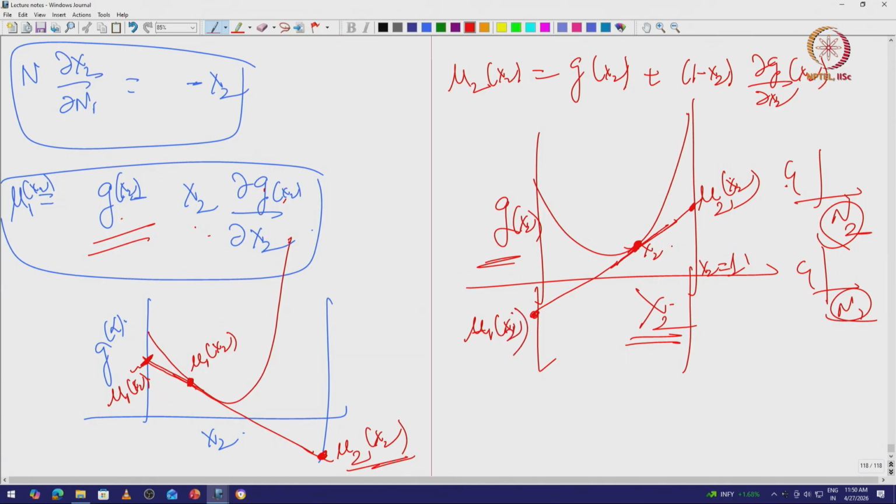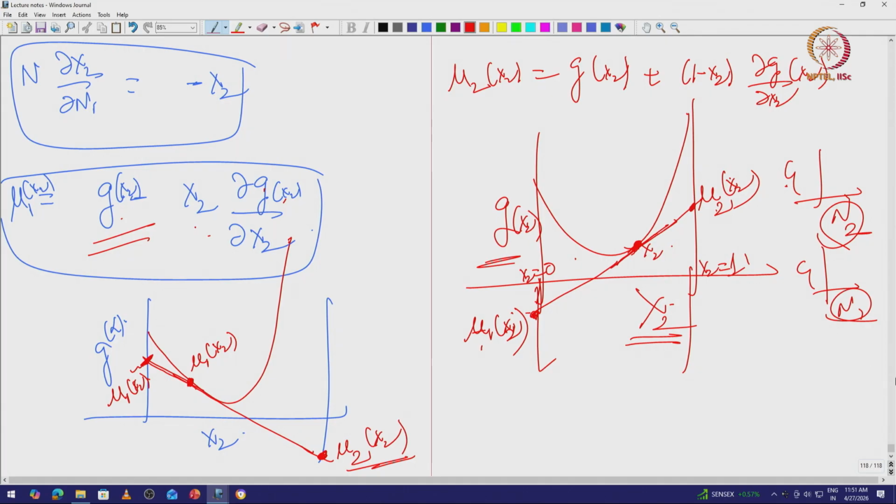Mu1 at x2 is this, mu2 at x2 is this. So I draw a tangent at x2 to this curve, and wherever this tangent hits this pole, this pole is x1 equal to 1 or x2 equal to 0. So this is the x2 equal to 0 pole or x1 equal to 1. So that is mu1 at x2, and wherever the tangent hits the other pole, that is mu2 at x2.